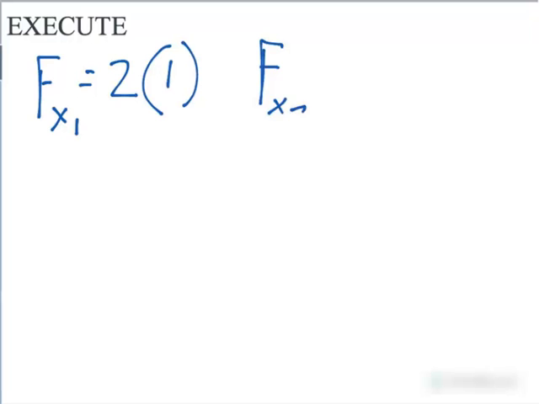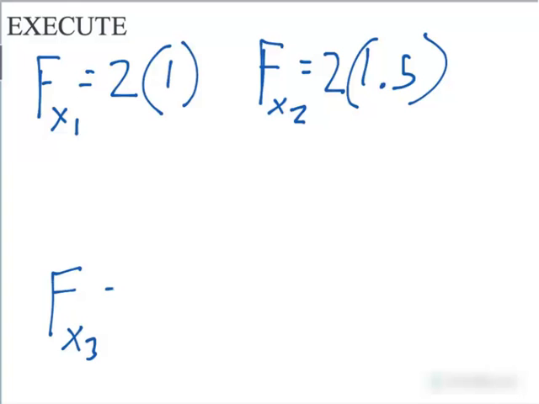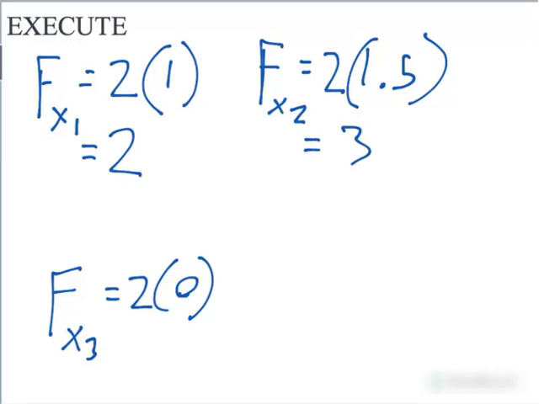We have F x1 equals the mass, 2, times our first acceleration. We have F x2 equals 2 times 1.5. And then we also have F x3, which equals 2 times 0. Now let's figure out what all of these are. The first one is going to equal 2. The second one is going to equal 3. And the third one is going to equal 0. Now remember, all of these are in newtons.